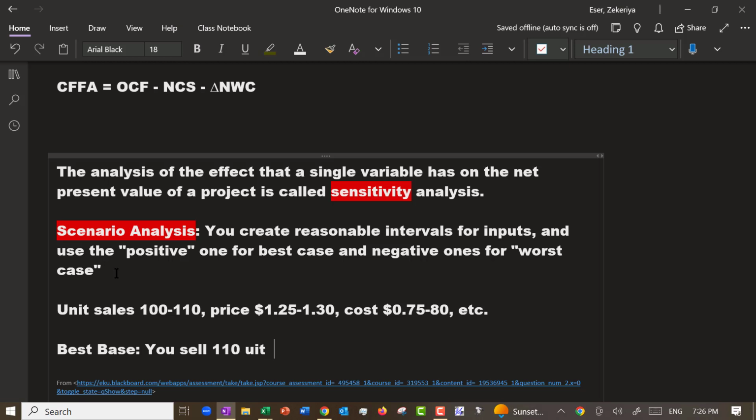That costs 0.75, because the lower cost is a positive thing, right?